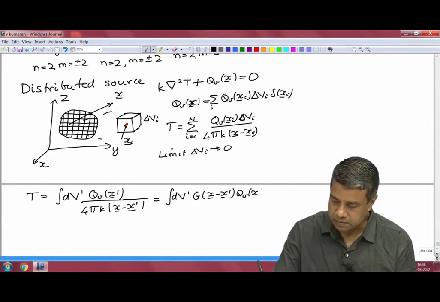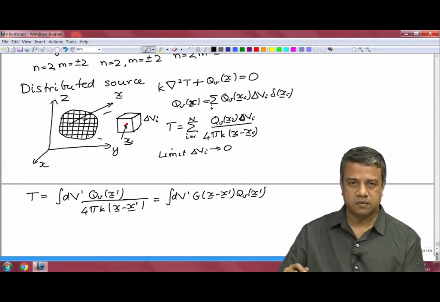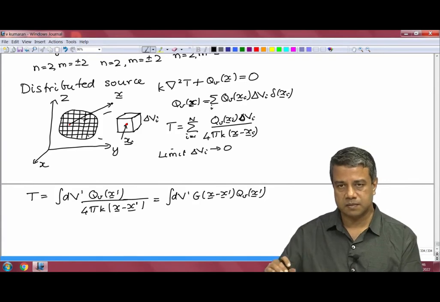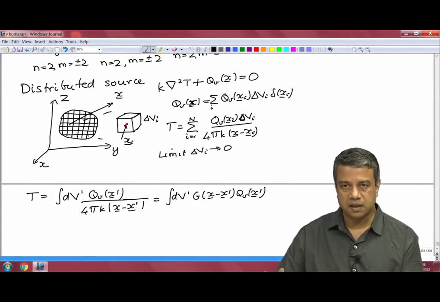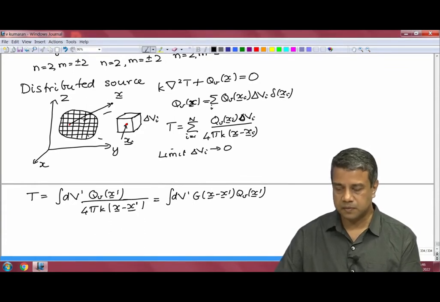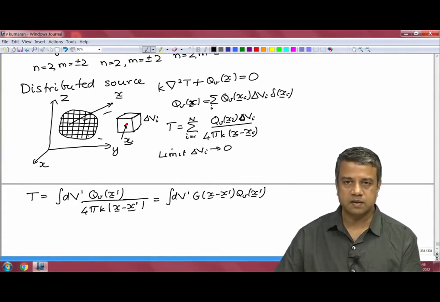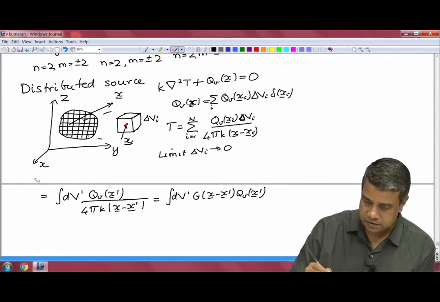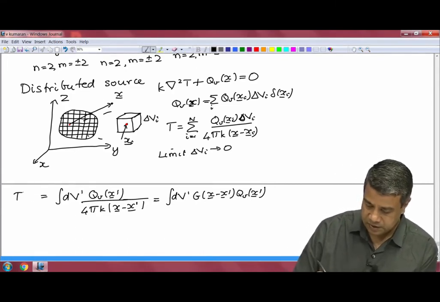of x prime. This is what is called a convolution integral, a function of x minus x prime times a function of x prime integrated over x prime. The integral is independent of x prime because x prime is the variable of integration, and finally the integral will just be a function of x, the observation location.